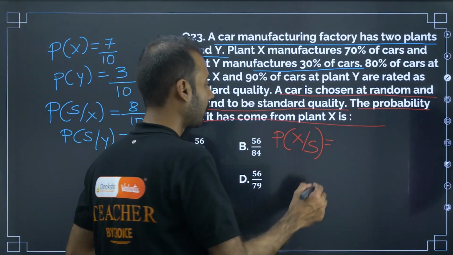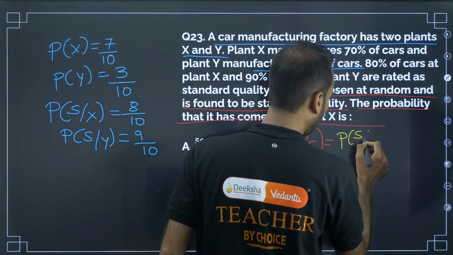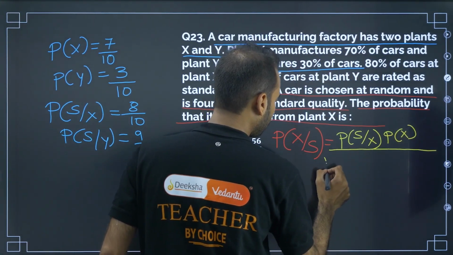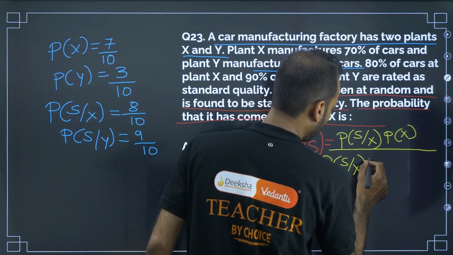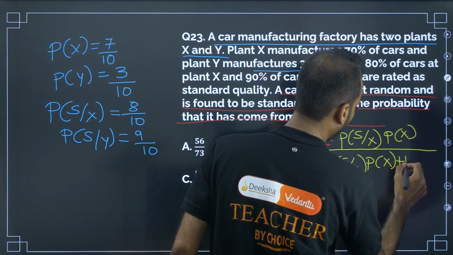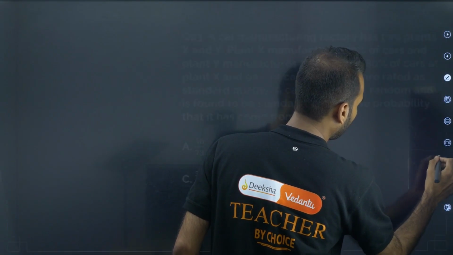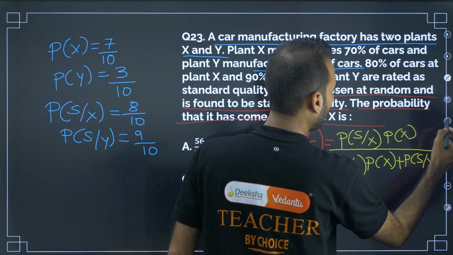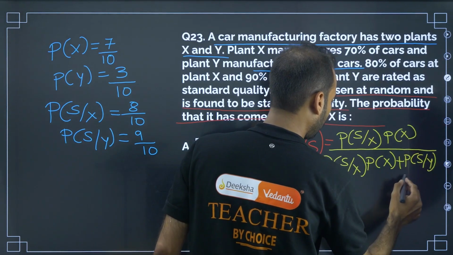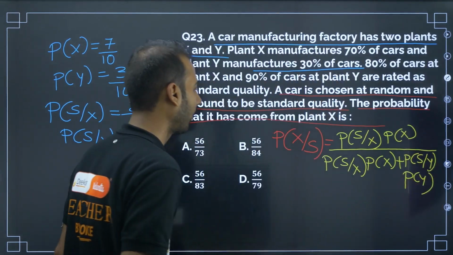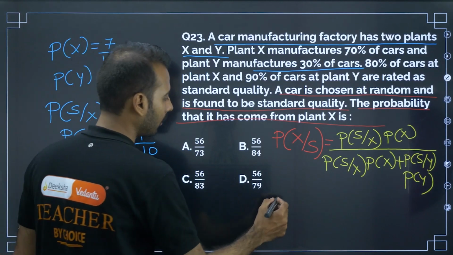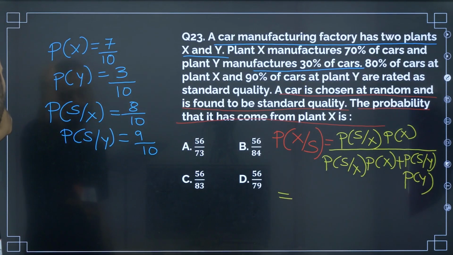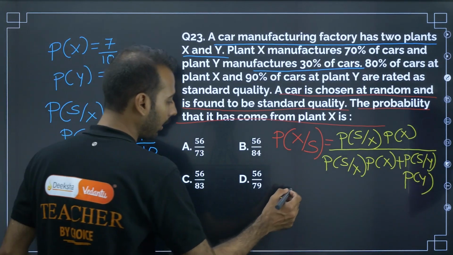So if I frame a formula for Bayes theorem, probability of X given S is equal to probability of S given X times probability of X, divided by probability of S given X times probability of X plus probability of S given Y times probability of Y. All the data is readily available.